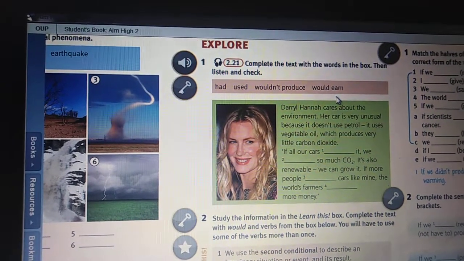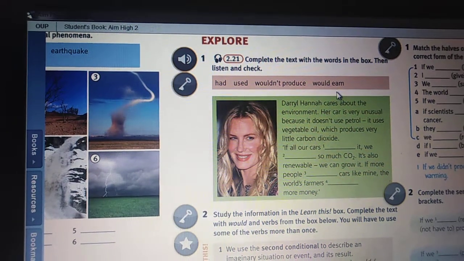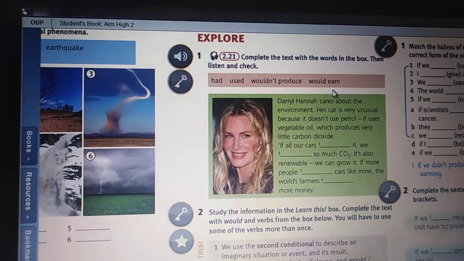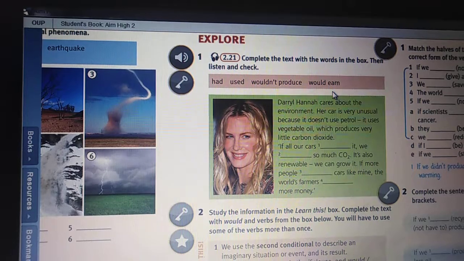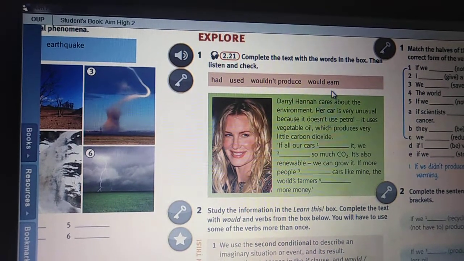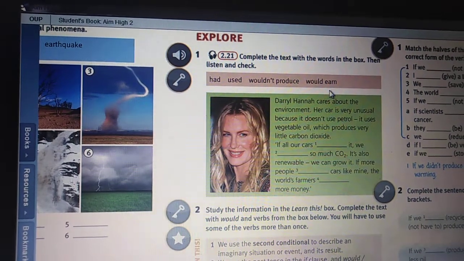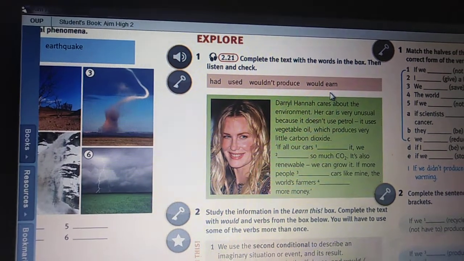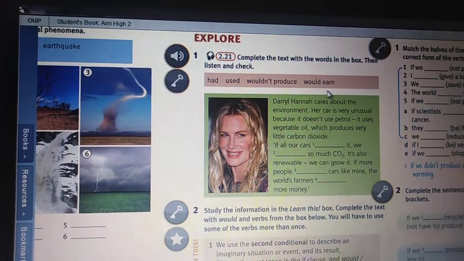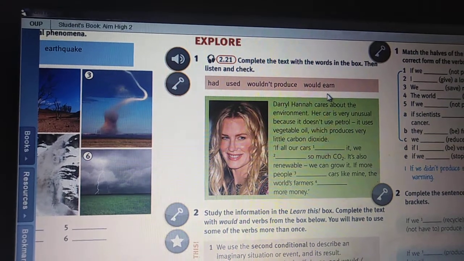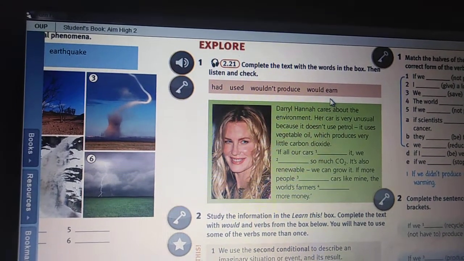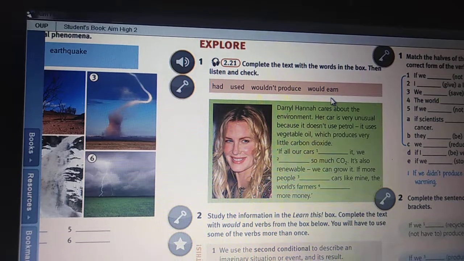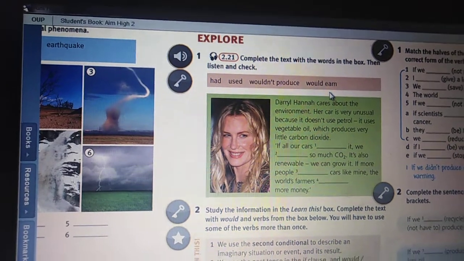So the first part we use simple past, but the other part اللي هو main clause we use would plus verb 1. So much CO2, it's also renewable. We can grow it. If more people had cars like mine, had is simple past, the world's farmers would earn more money.